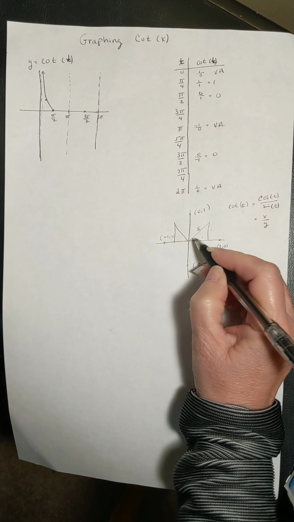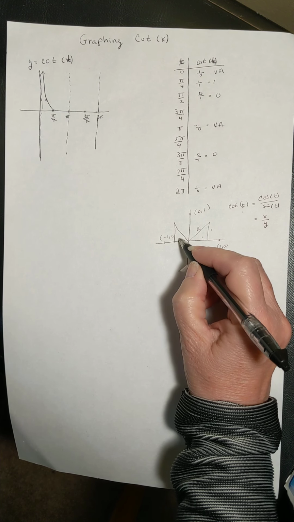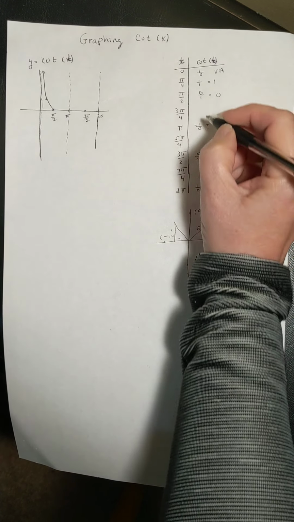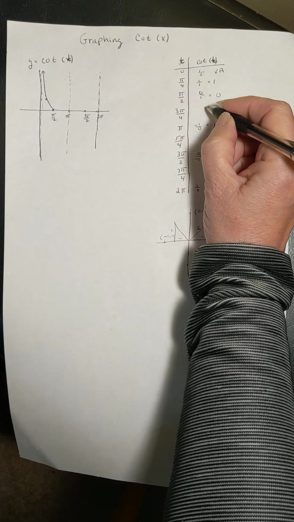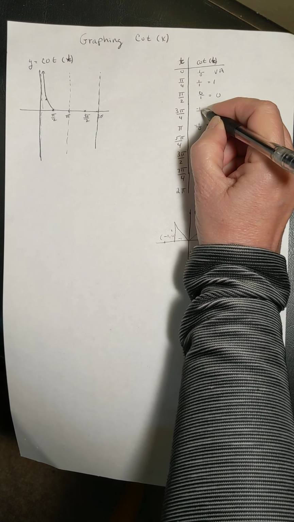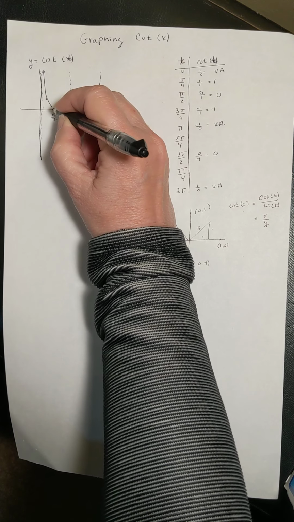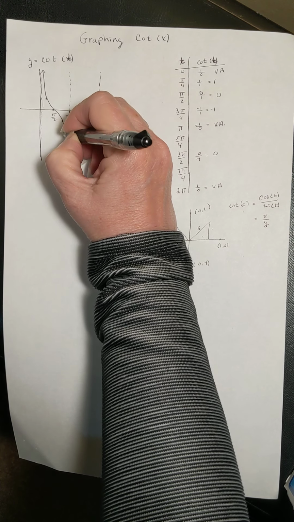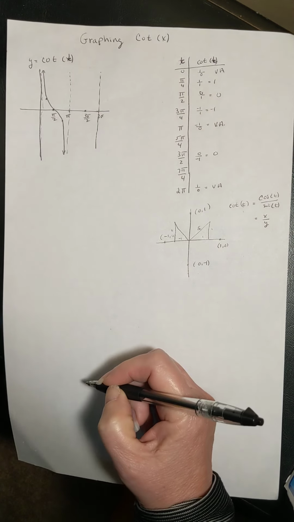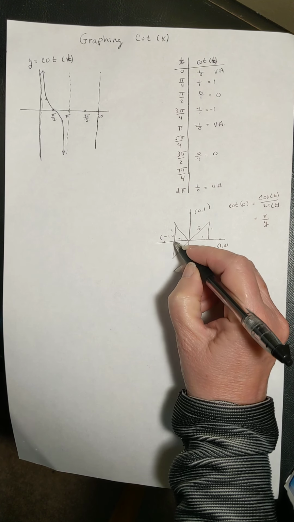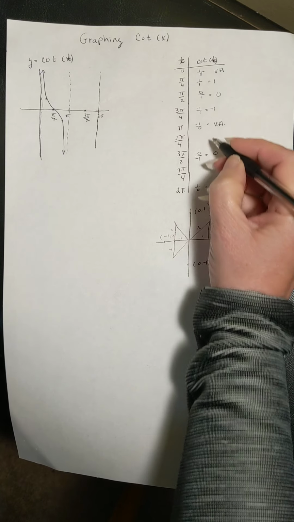that would be in the second quadrant. And again, this would be negative 1 and 1. And so that's going to be negative 1 over 1, so it's going to be negative. So it's going to be down here. All right. And then if I go into the third quadrant, it'll be negative 1 over negative 1.